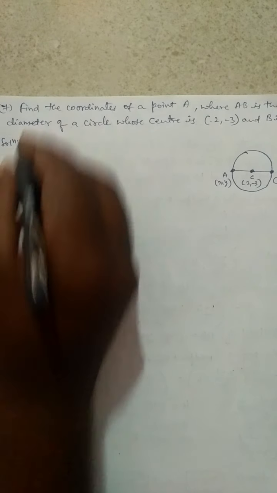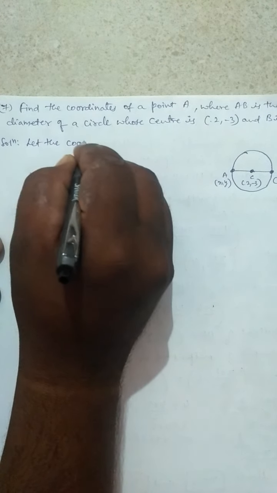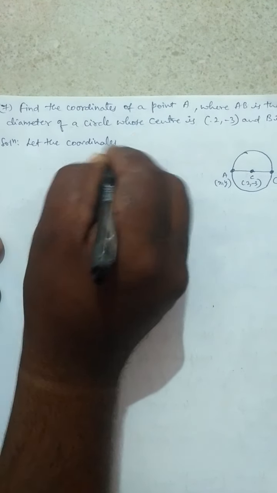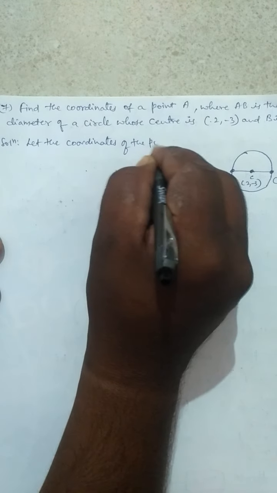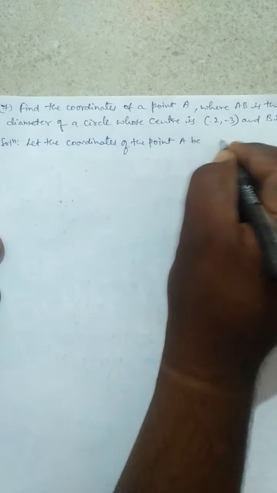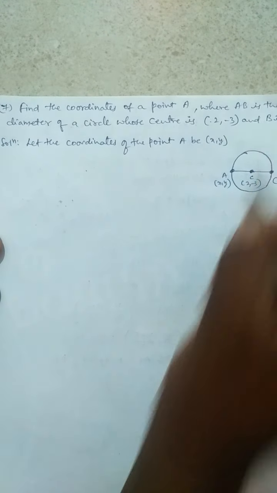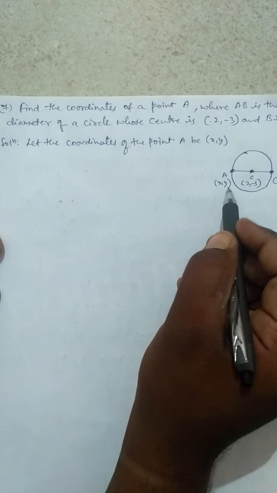Now we have to write: let the coordinates of the point A be (x, y). We don't know the coordinates of point A, so I consider them as x, y.